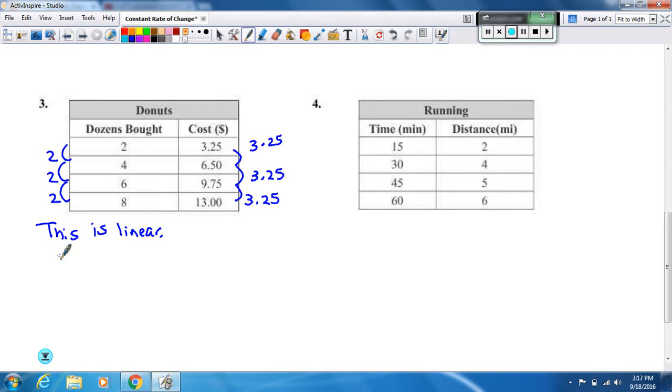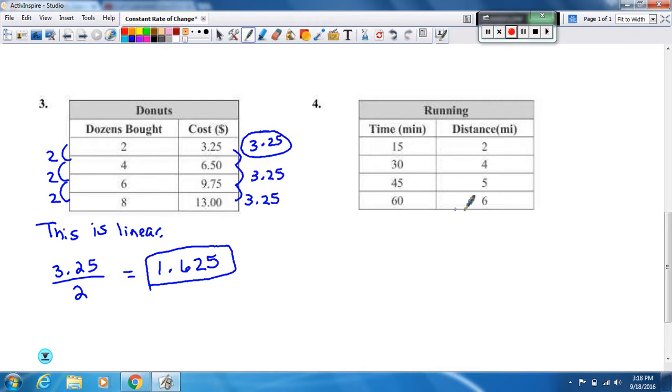And the constant rate of change, you have to take the right-hand side divided by the left-hand side. So that's going to be 1.625. And that's the constant rate of change.